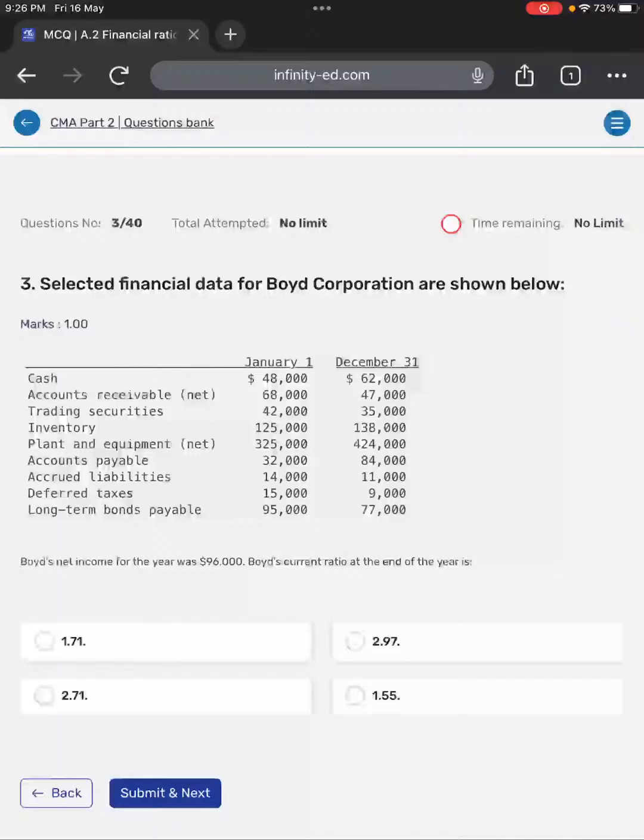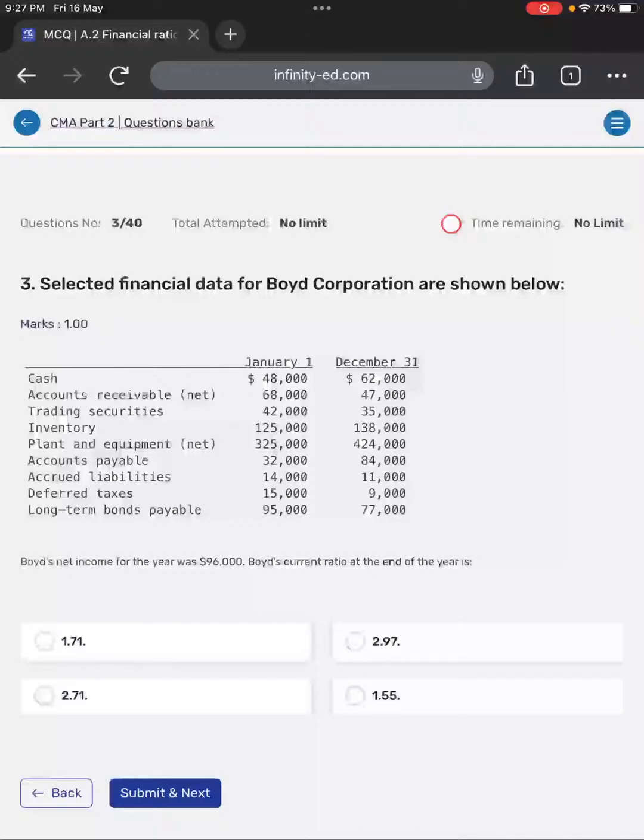This 282,000 is total current assets, and current liabilities will be accounts payable 84,000, accrued liabilities 11,000, and deferred tax. Deferred tax can be long term as well as short term, right?